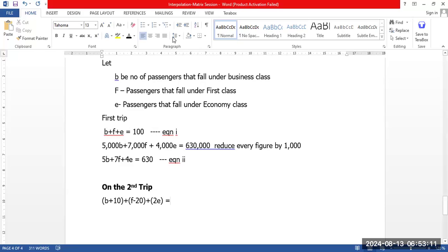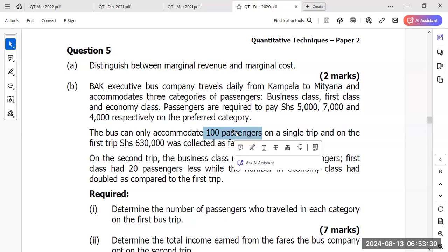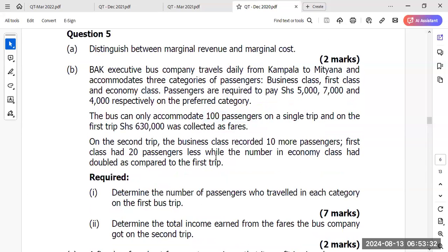Remember that the bus can only accommodate 100 passengers. Yes, the bus can only accommodate 100 passengers on a single trip.